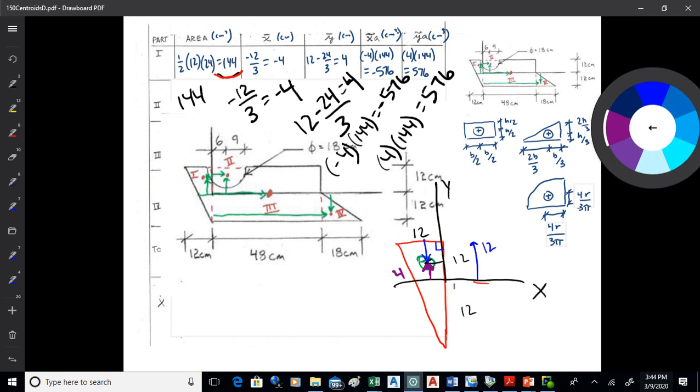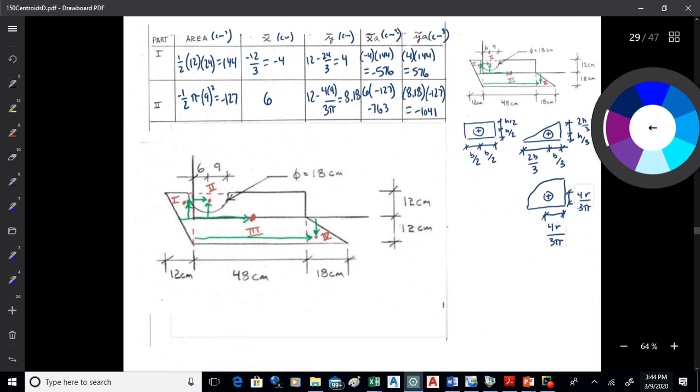Other questions? All right, so we got the next one. We've got this semicircle. Now, what we don't have that much information for a semicircle, but we got it for a quarter circle on your formula sheet. It's 4r/3 pi from the right angle for a quarter circle to either dimension to the centroid.